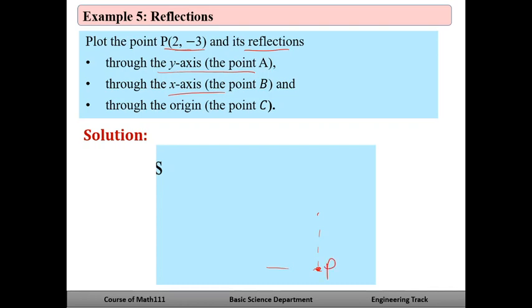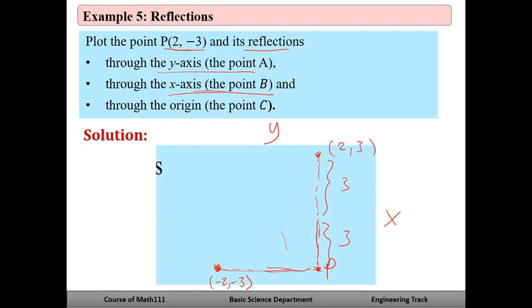Its reflection through the y-axis has to be here. So the same distance, it goes up to here, which is -2, -3. And the reflection around the x-axis, you go this way and go this way here. This is 3 units and this is 3 units. And now we end up with this here, 2, 3.